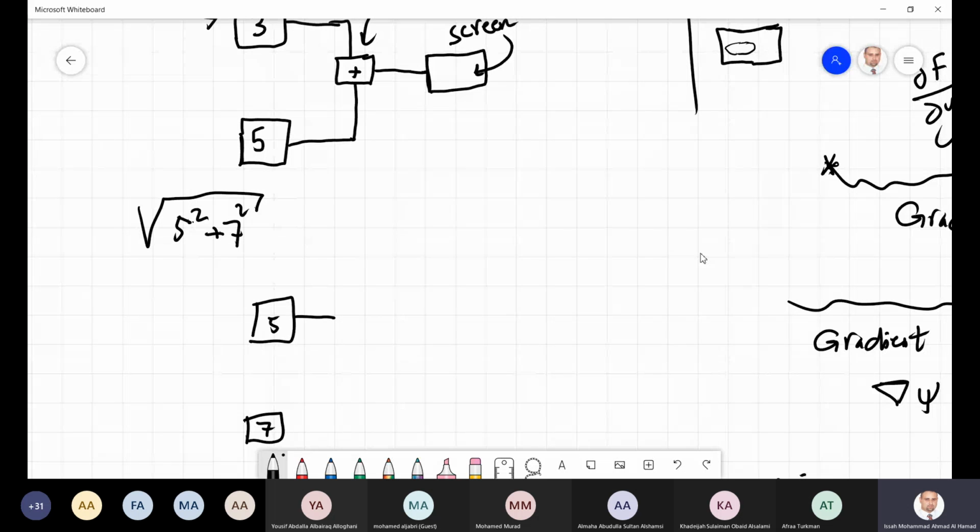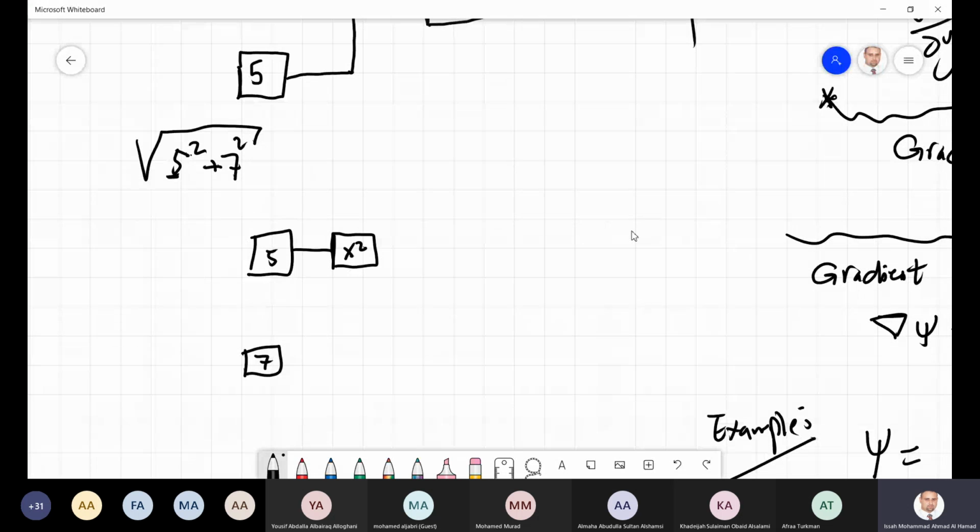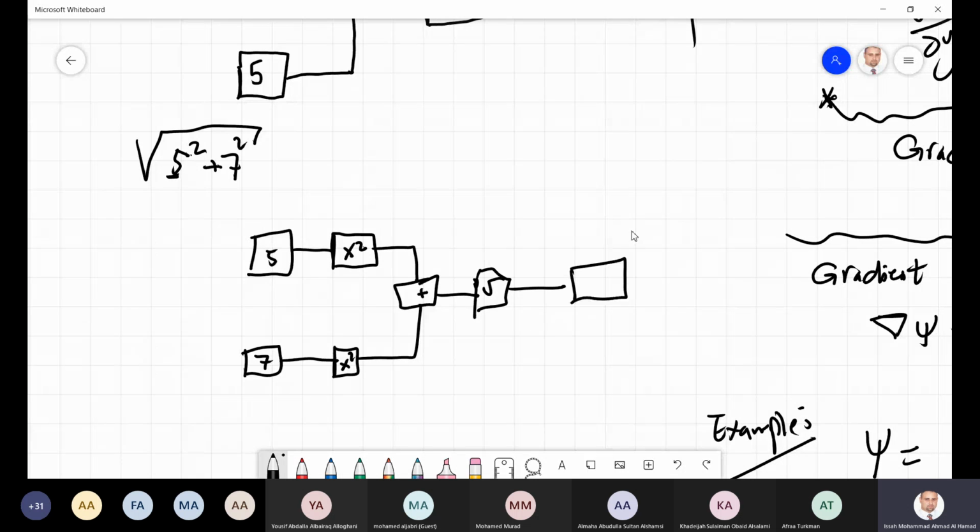First of all, I need to find the to the power 2. So you need a certain function that takes it to the power 2. It's like steps of the mathematical operation. Then you need to add them together using the addition block. So I am here now. Then you have to take this and take the square root block. Then you go and display it in the screen. Is it clear, guys?